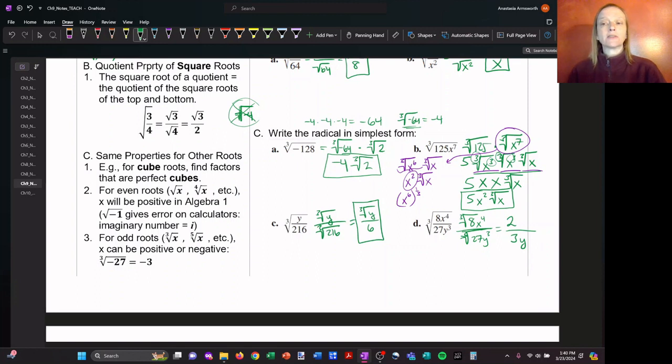And the cubed root of x to the 4th, if it helps you to think about it as being the cubed root of x cubed times the cubed root of just x, because 1 plus 3 is 4. So you're imagining kind of the 1 exponent there. Then we get the final answer of 2x times the cubed root of x over 3y as our final answer.